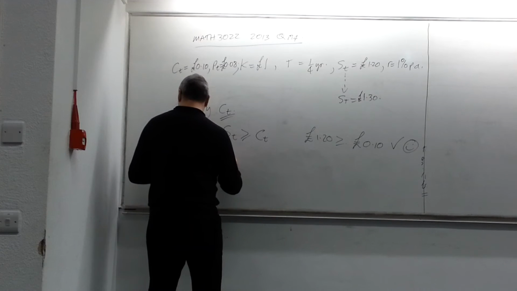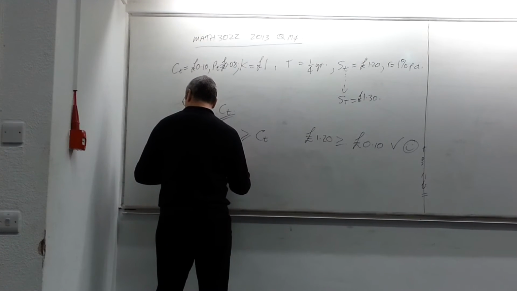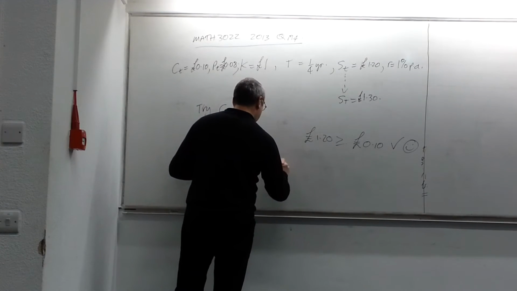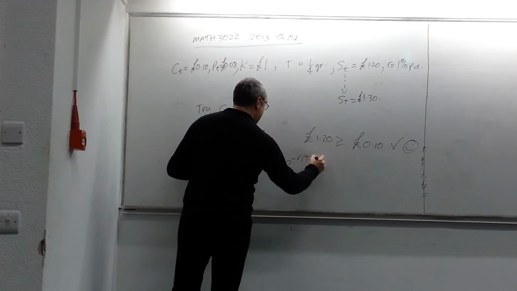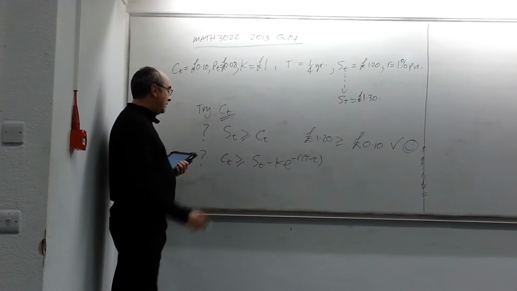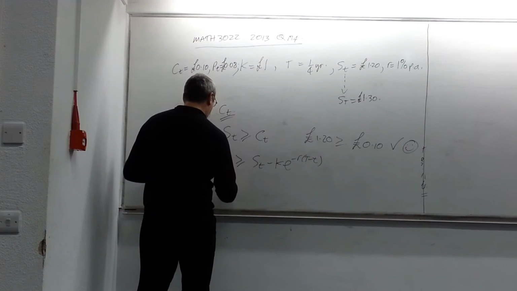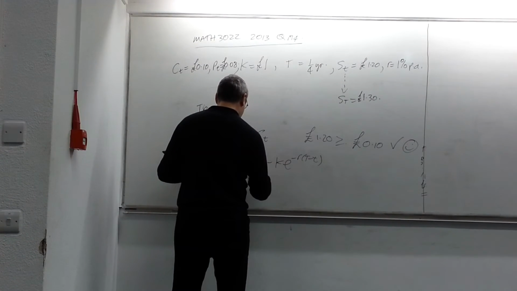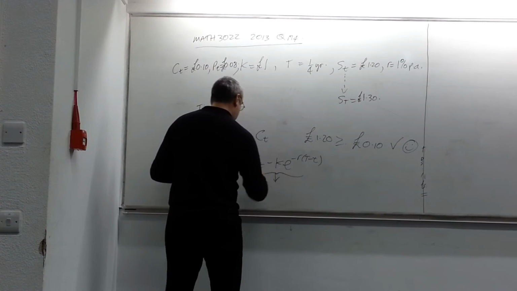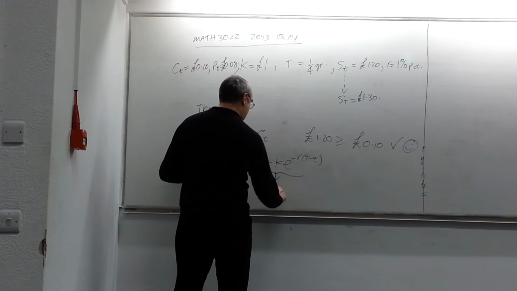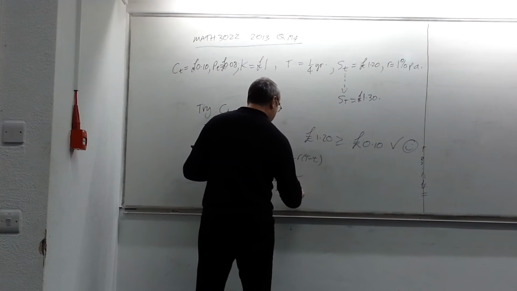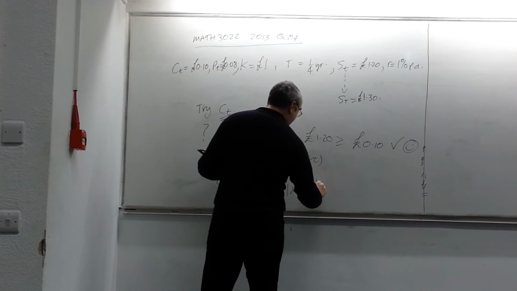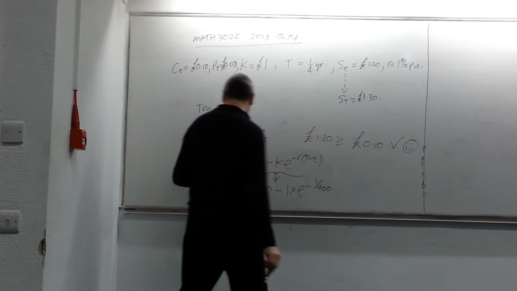What about the other one? We've got the other one is that CT must be greater than or equal to ST minus K e to the minus r(T minus t). So let's look at that one. CT is 0.10. ST is 1.20 minus 1 times e to the minus... Now it's 1% over a quarter of a year, so it's 1 over 400.